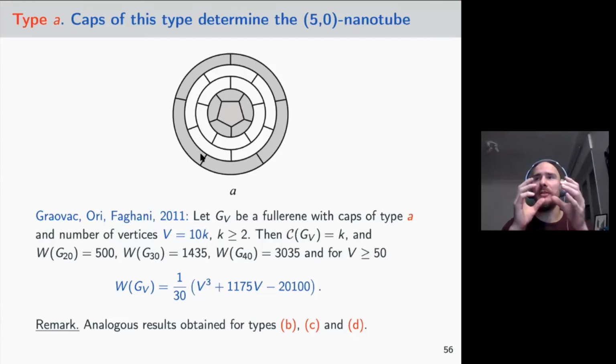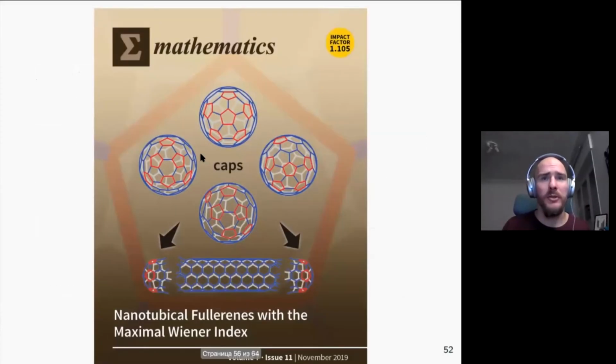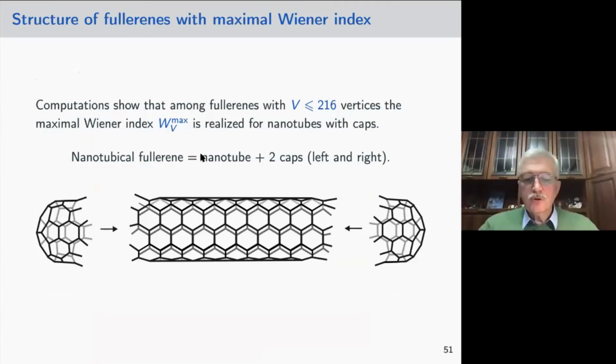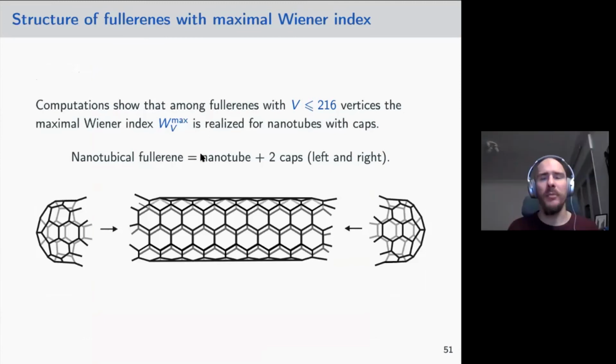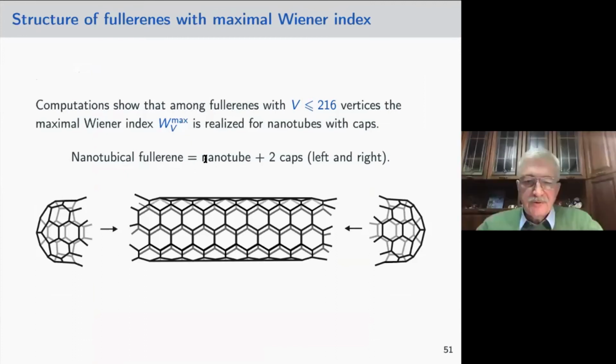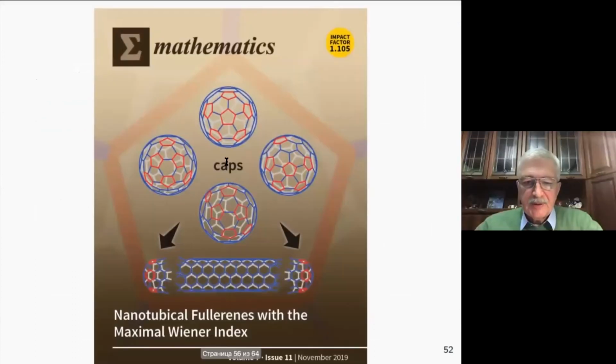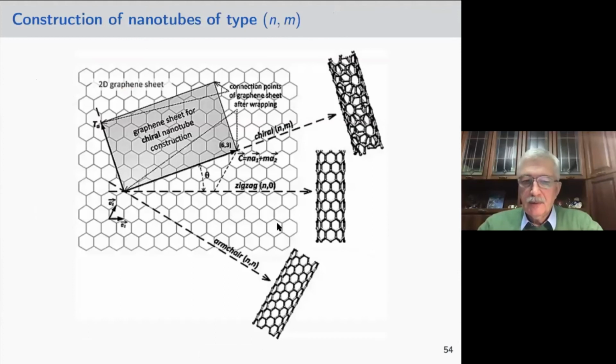Its circumference is the same, so it always consists of 5. You need to glue it all together, something like that. Yes, but it's always 5. It's the same pattern in the middle, exactly, always. Yes. So this nanotube is completely determined by these parameters. Okay.